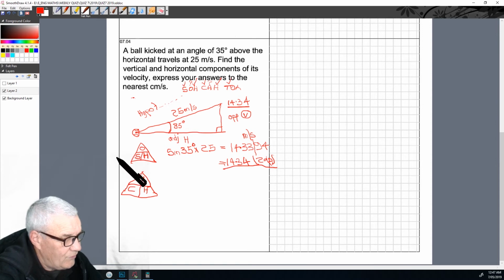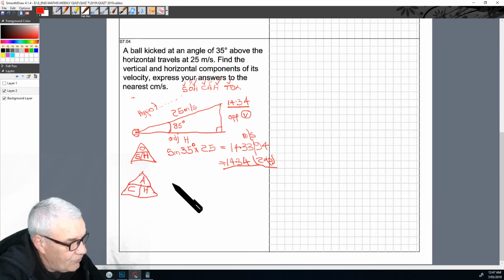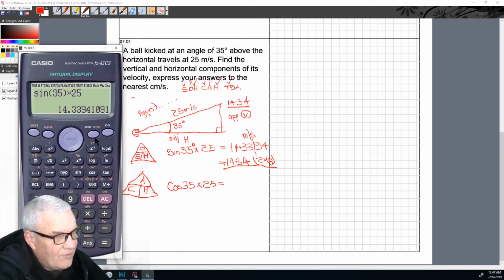All right, so we want to find the adjacent, so that's just cos 35 times 25 equals. Get our calculator out. Okay, so we can actually just go back here and delete sine and put cosine.